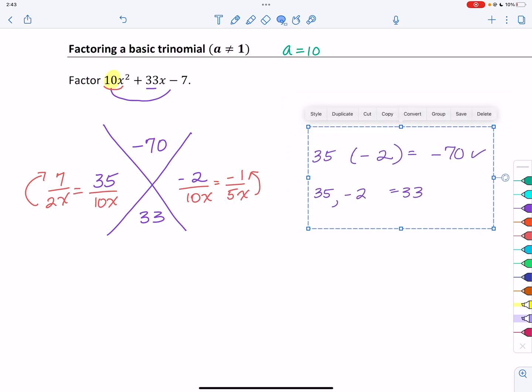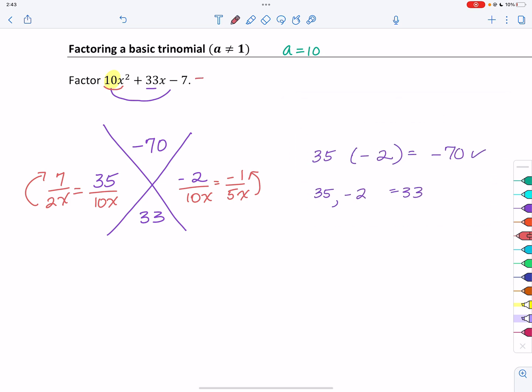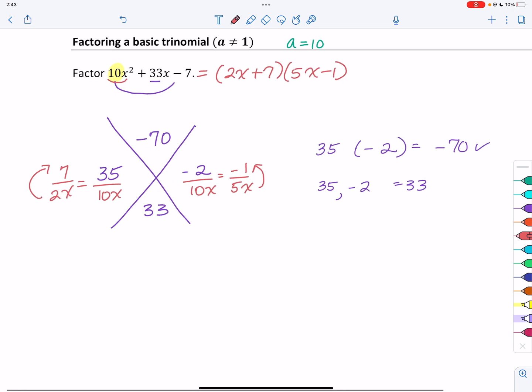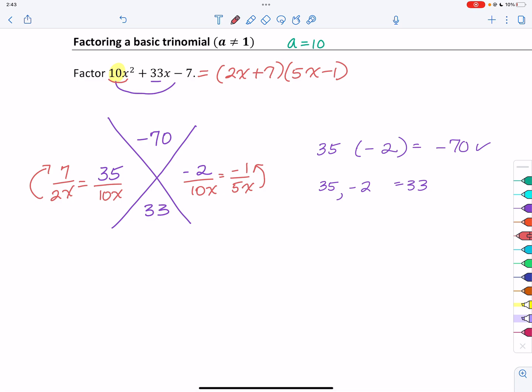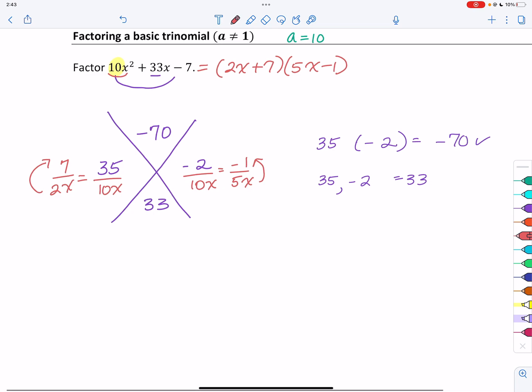Just move that over a little bit. So now we have that this is equal to 2x plus 7 multiplied by 5x minus 1. And you can always multiply those two binomials together and check that.